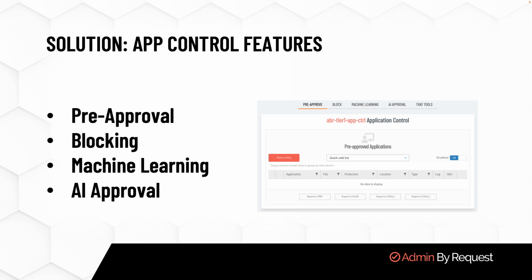And then finally we have AI approval, which is a kind of popularity scoring system that allows you to specify a score for the application or the vendor, and anything that hits that score or above is allowed through, and anything under that score would then need to go through to approval. And if it hits approval that number of times, maybe that's then machine learned in. So this is all linked up together.